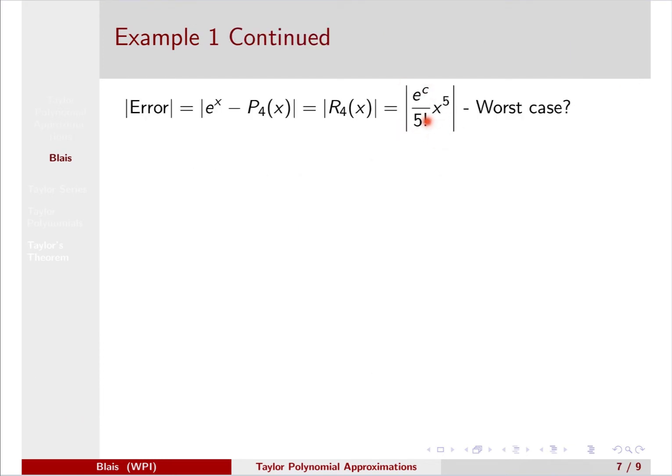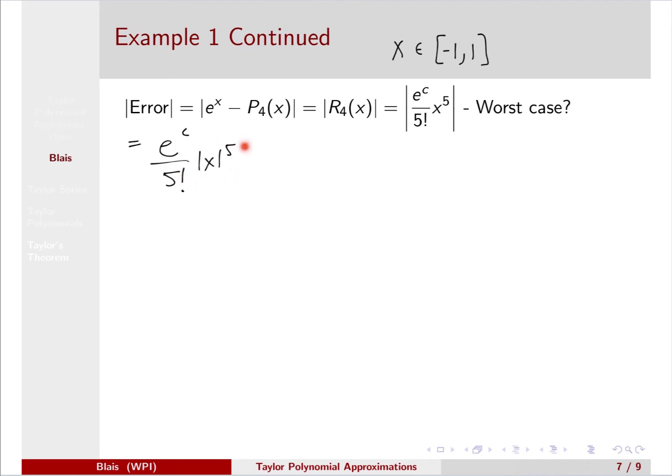So with this expression for our error, our question is, what is the worst case for this? What's the biggest this can be? Well, recall that we're using x in the interval minus 1 to 1.